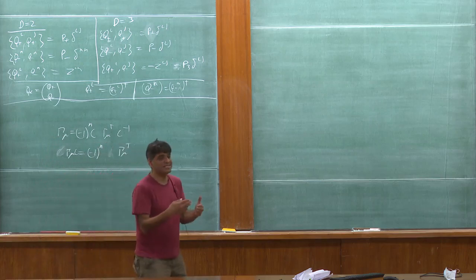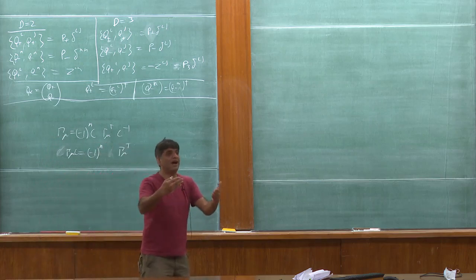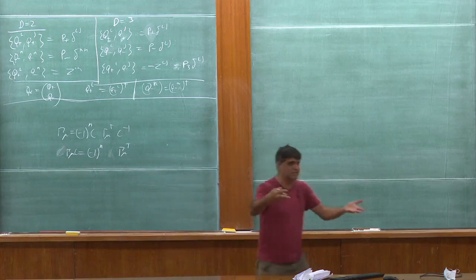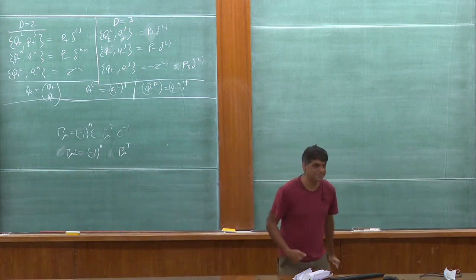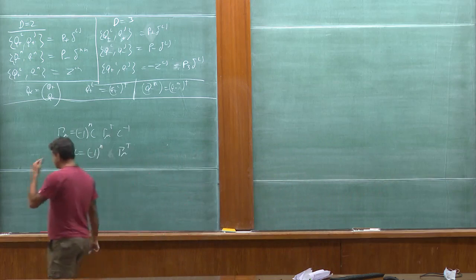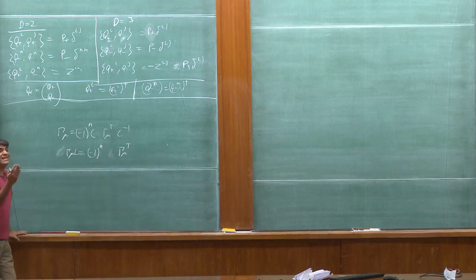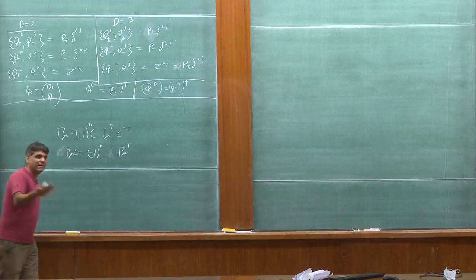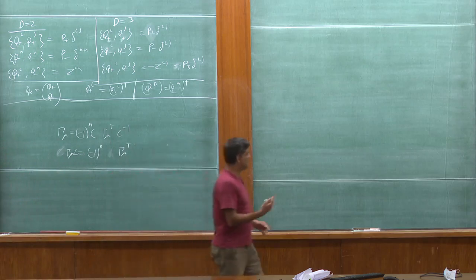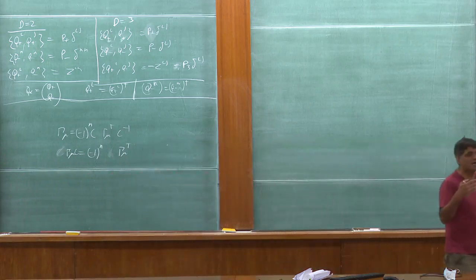What this tells us is that we can take C through a gamma at the expense of transposing it and introducing a sign. Now, what is the statement that C is a singlet if it transforms with both lower indices?